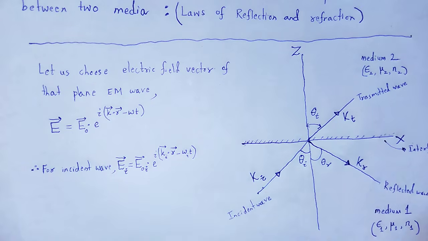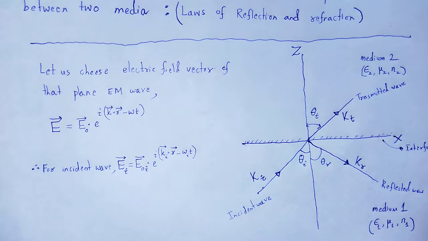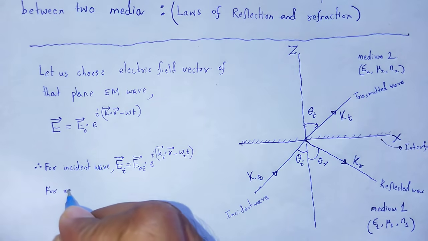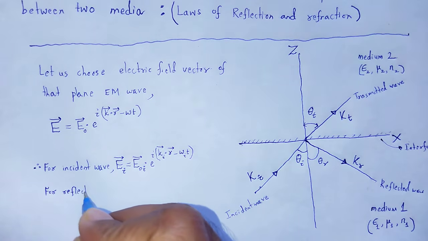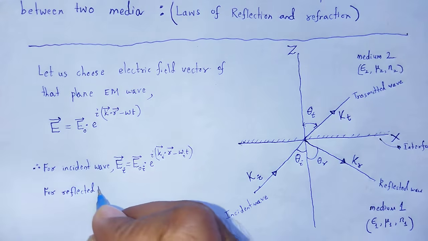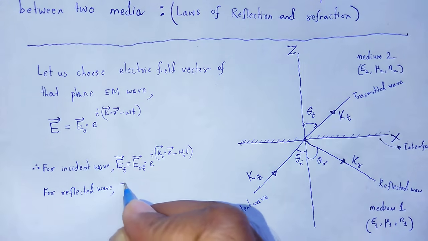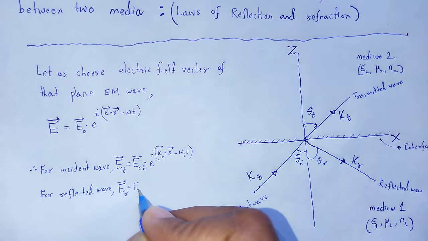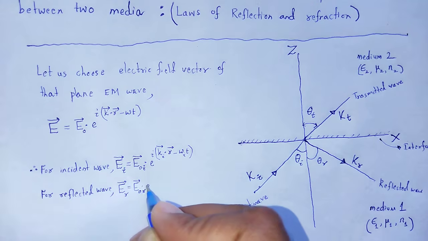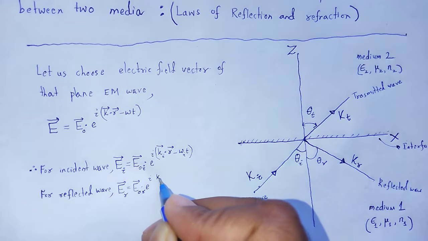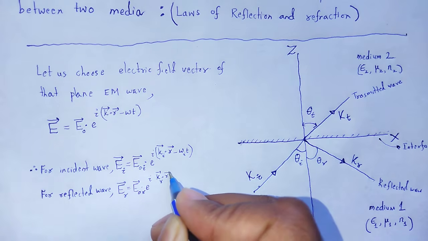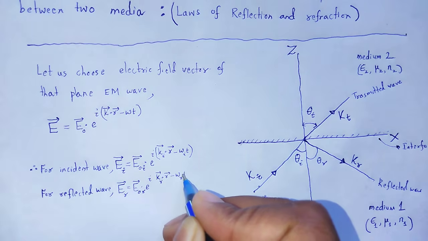Next, for the reflected wave, it is E r vector as E0r e to the power i (k r dot r vector minus omega r t).